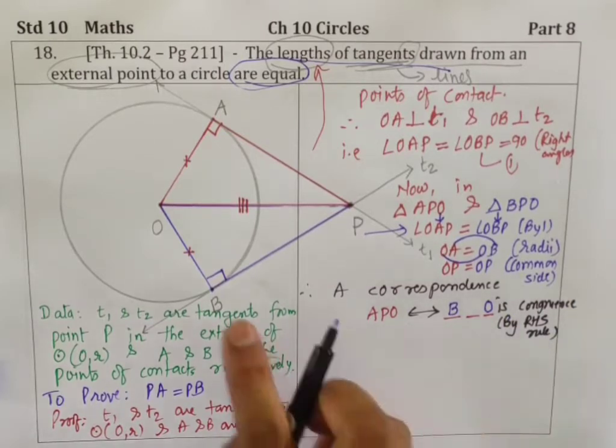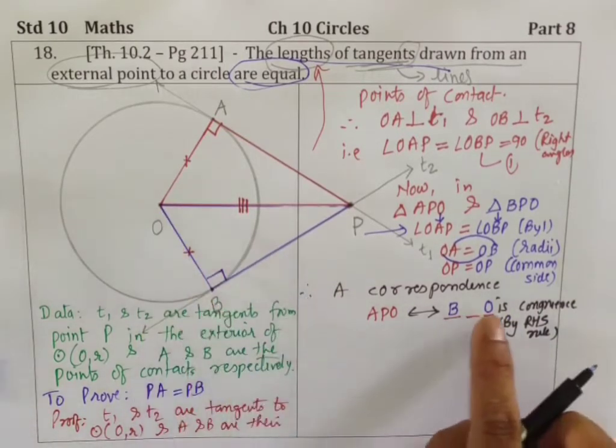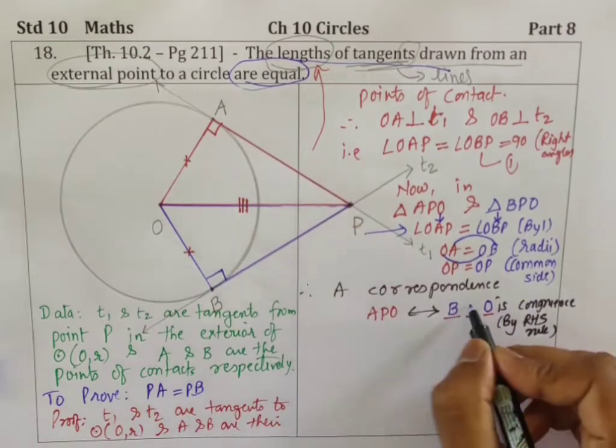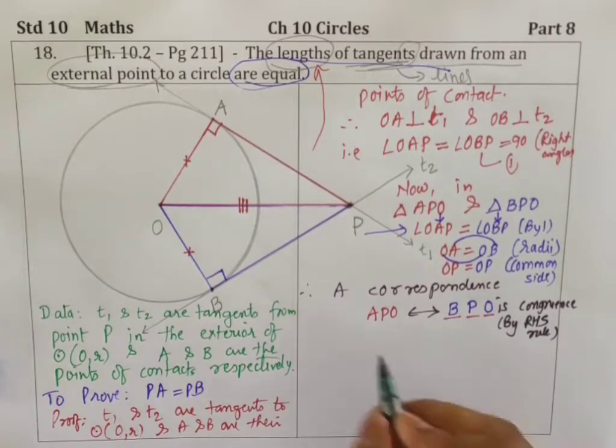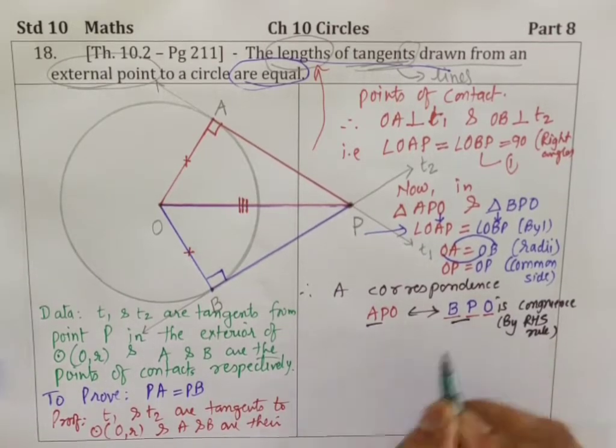अब क्या बच गया? ब्लू triangle में O और B आ गया, बच गया P. So that is P here. Correct? Yes. So खेल खत्म. PA equal to PB.